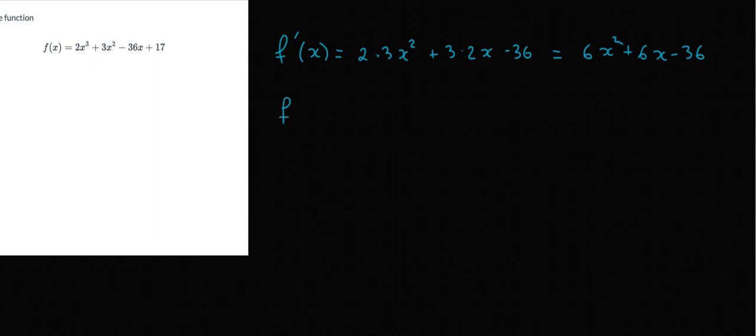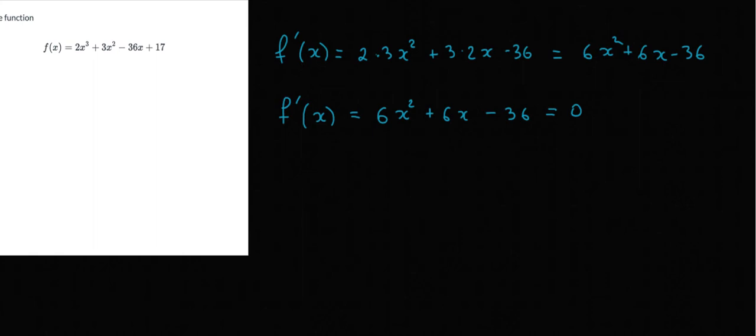So I'm going to set this derivative equal to 0 and we will solve for x. This is a quadratic equation. We can solve it by factoring, by completing the square, or by using the quadratic formula.